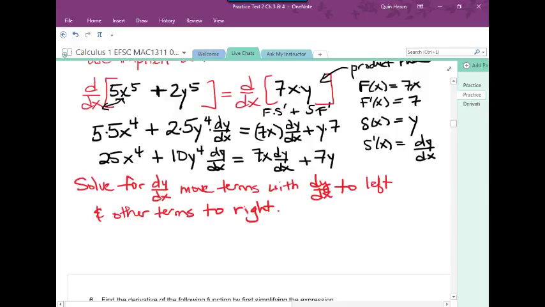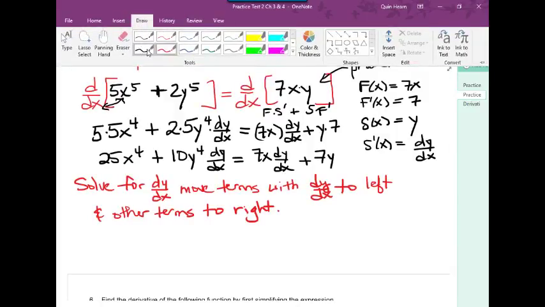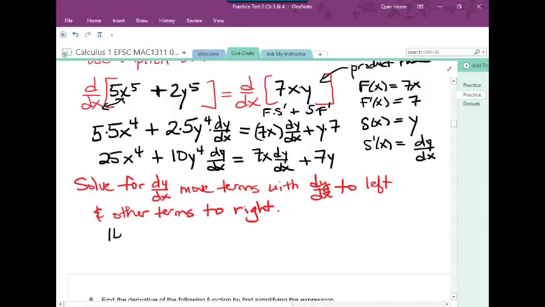So that means that we will have 10y to the fourth dy/dx minus 7x dy/dx equals, and then we'll have 7y minus 25x to the fourth.